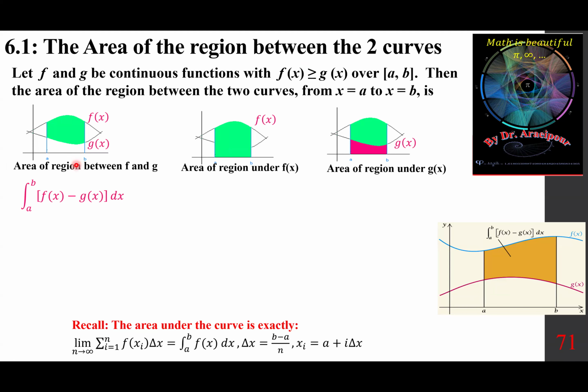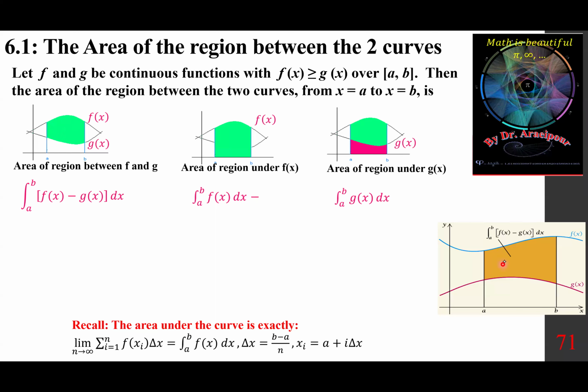So if you want this area, it is the integral of a to b f of x dx minus the integral of g of x dx from a to b. So subtract the red one from this green one to get this. Very straightforward.